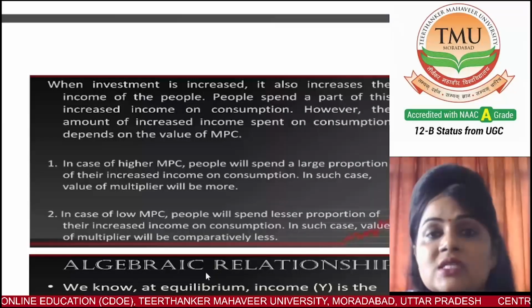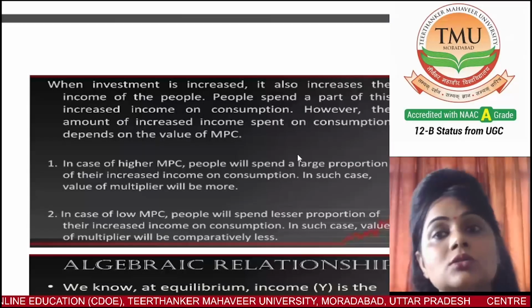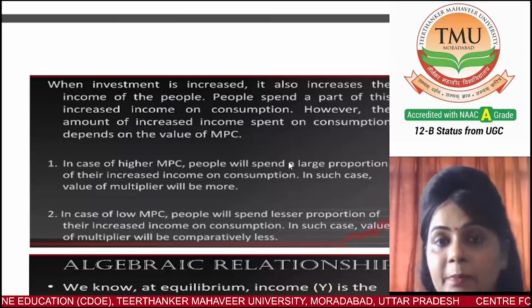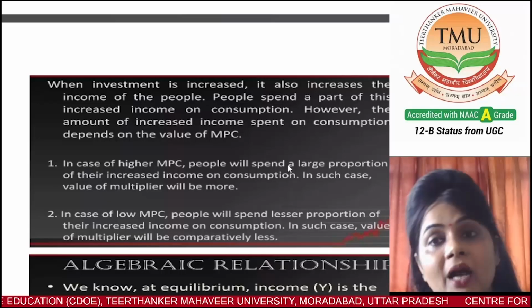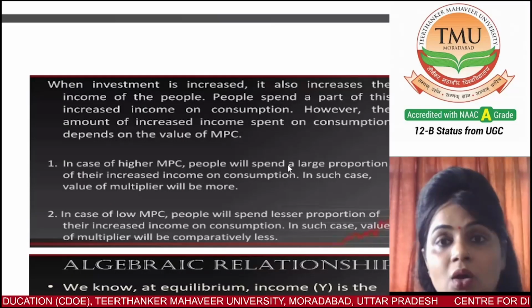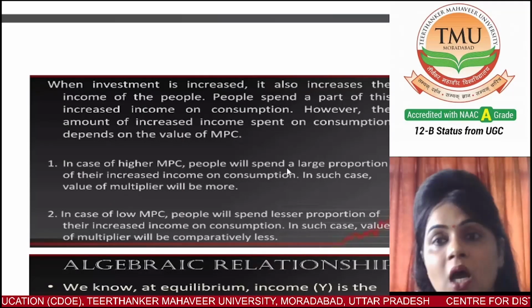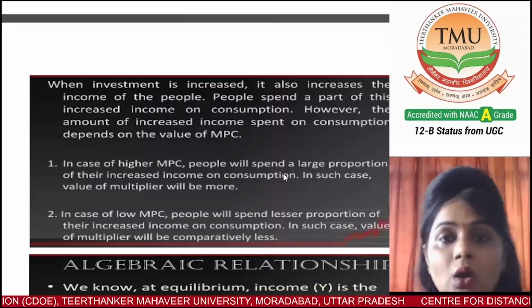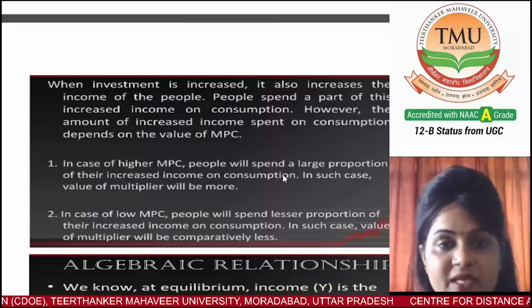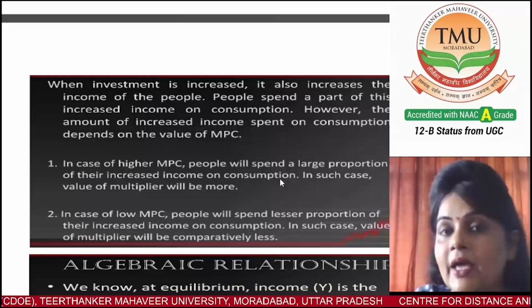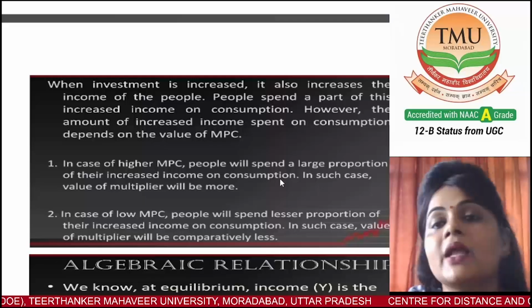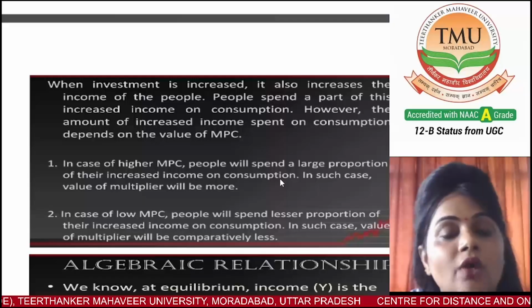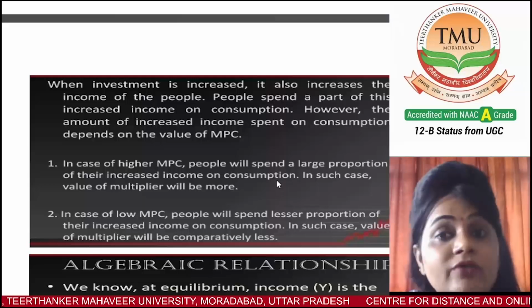When investment is increased, the income of people also increases. People spend a part of this increased income on consumption. However, the amount of increased income spent on consumption depends on the value of MPC. In case of higher MPC, people will spend a large proportion of their increased income on consumption.